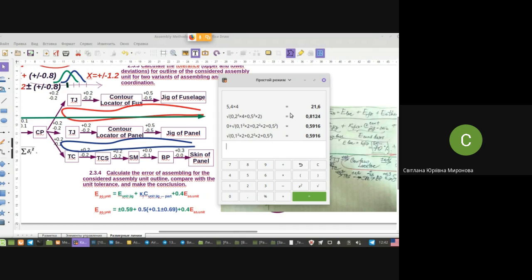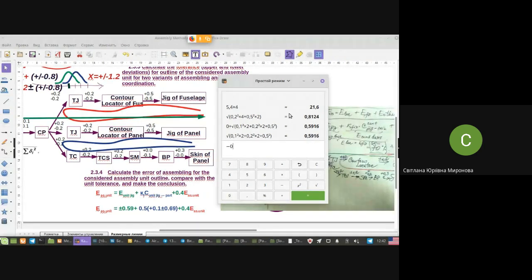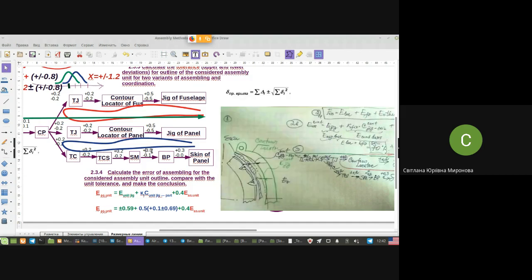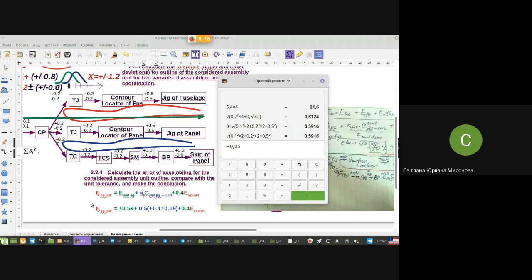It means that the middle of this field is minus 0.05. It's the field, the middle of the field, responsible for transferring the size from the sand mold to the bending punch. Because it's made by casting, it's non-symmetrical.